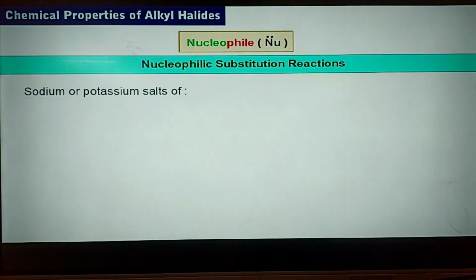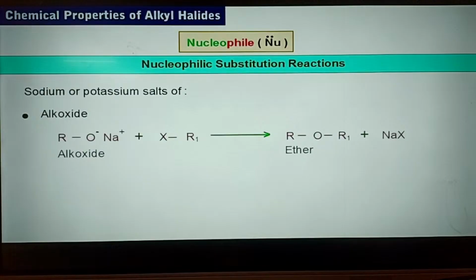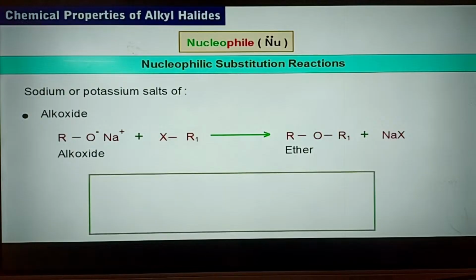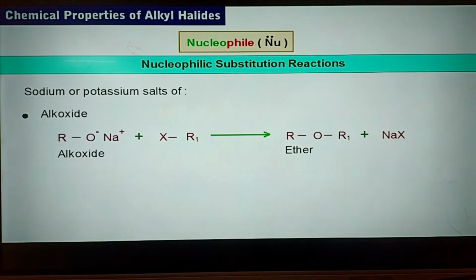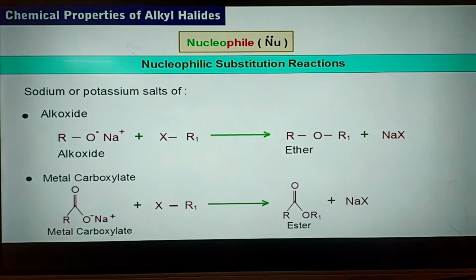Sodium or potassium salts of alkoxides can be used to make ethers from alkyl halides. Sodium or potassium salts of carboxylates can be used to make esters from alkyl halides.